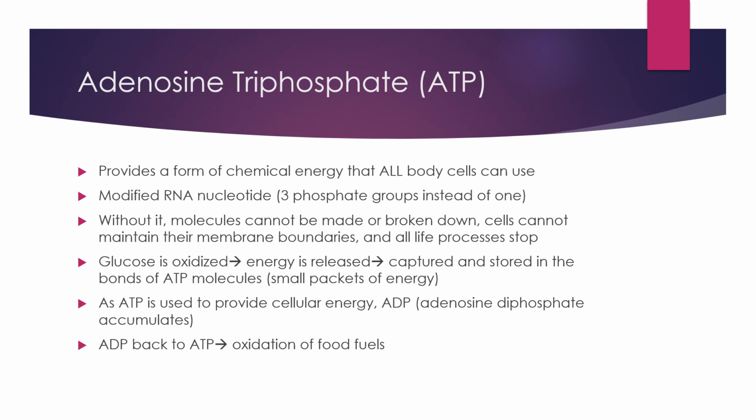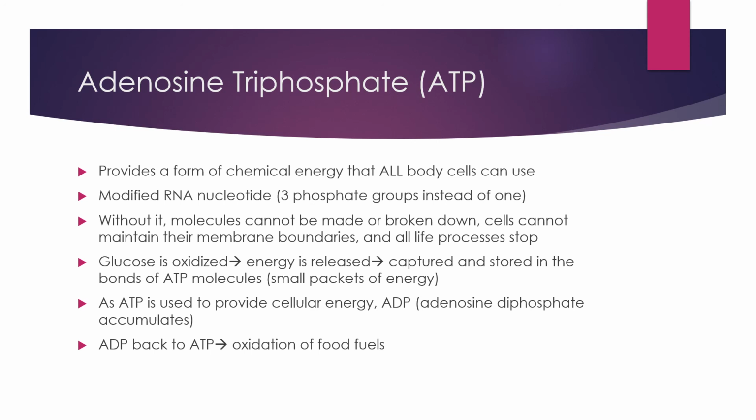So what happens is glucose is oxidized, so think about where we get glucose from. Energy is released from that reaction, and it's captured and stored in the bonds of the ATP molecules, and they become these small packets of energy. Those small packets of energy are used to provide cellular energy, and then ADP starts to accumulate. So we're going from a triphosphate to a diphosphate.